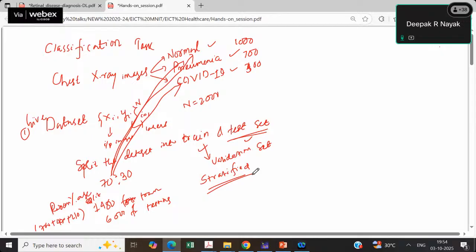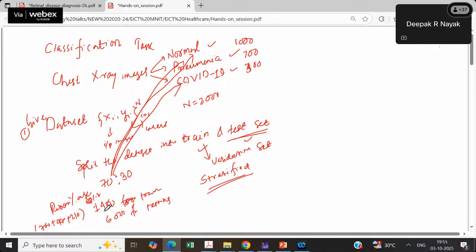So you should not forget this while splitting the data set. Stratified is the solution here, which we should always apply if we are dealing with a multi-class classification task. Always apply the 70% on each class rather than on the whole data set.